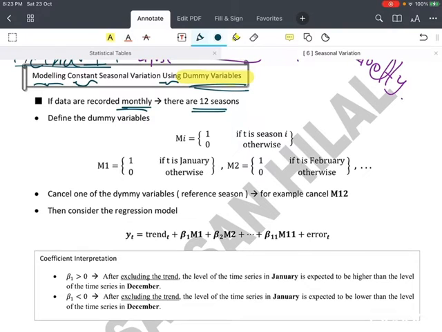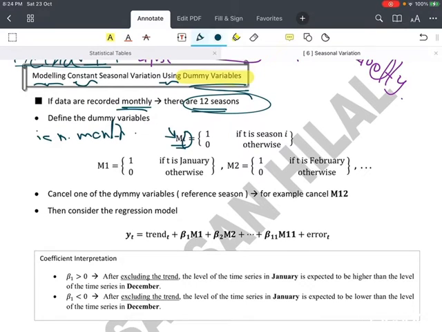How will we define the dummy variables with 12 seasons? It is very easy. You will say Mi. Why do we choose M? Because monthly. M is for monthly, and i is the number of the month.